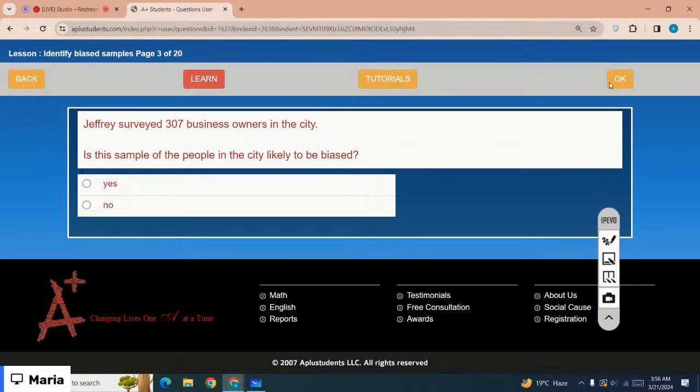So business owners might not be similar to the ones in the other city. It is likely to be biased data. The correct option is yes, it is biased data.